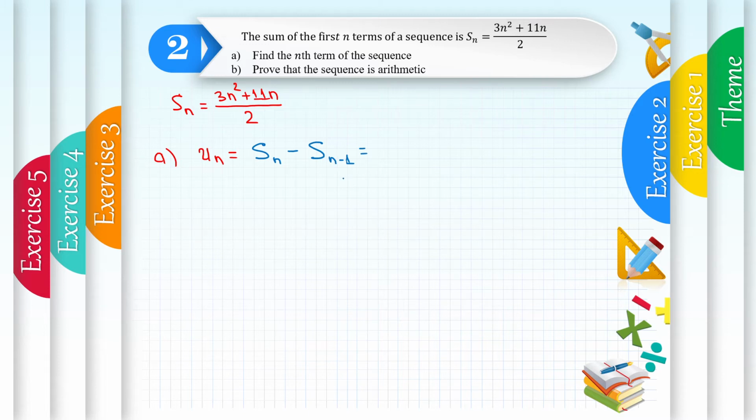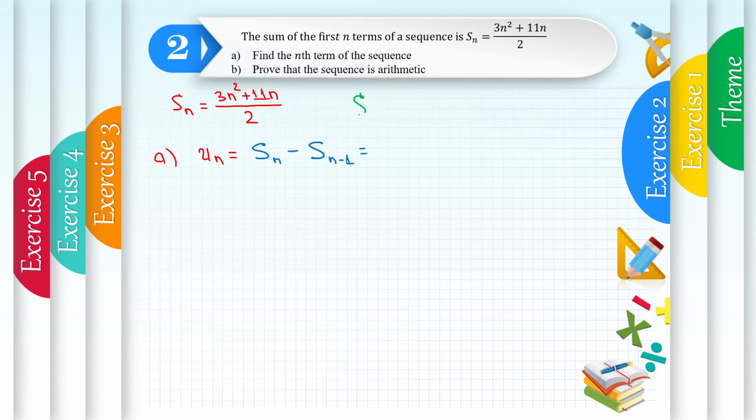We proved this identity in the previous lesson from our Math World, which was called Sequences. So in that lesson you can find how this formula is proved. Next, we are going to find S sub n minus 1.